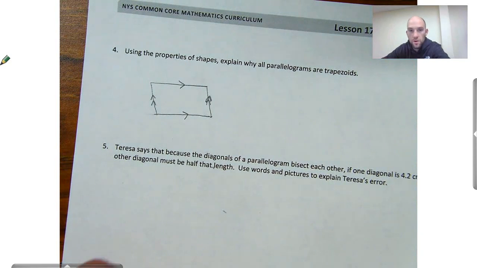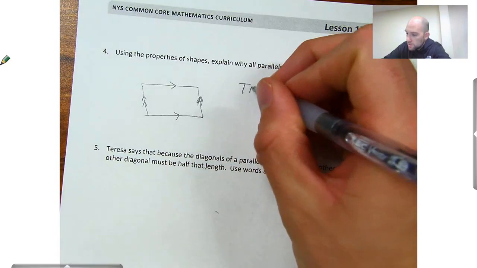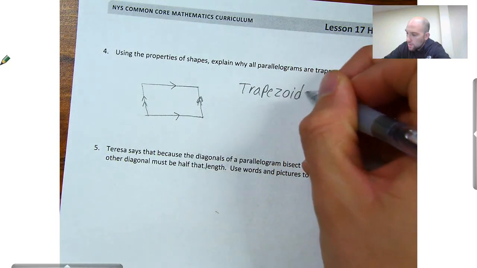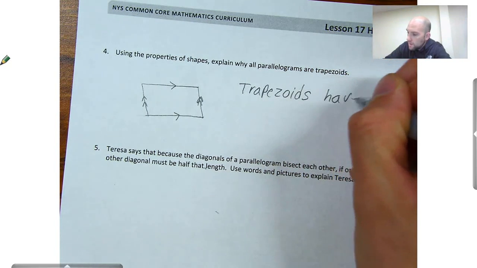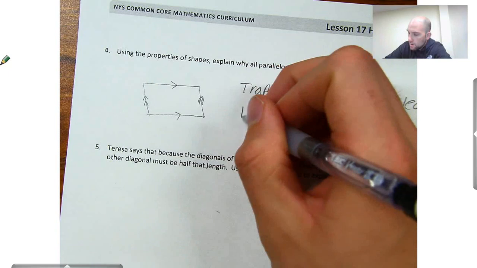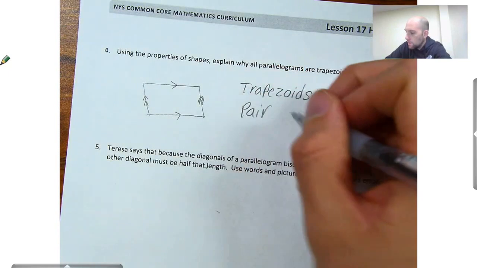But it's also a trapezoid, because trapezoids have at least 1 pair of parallel sides.